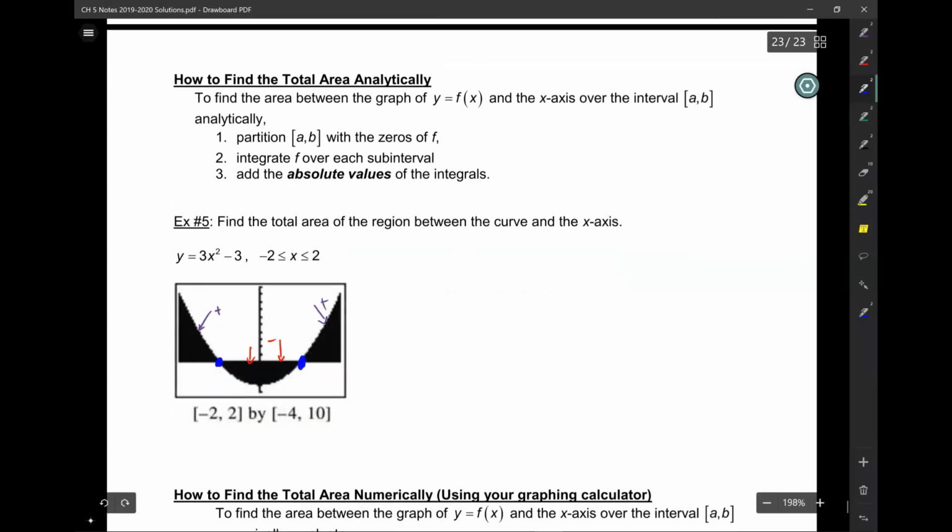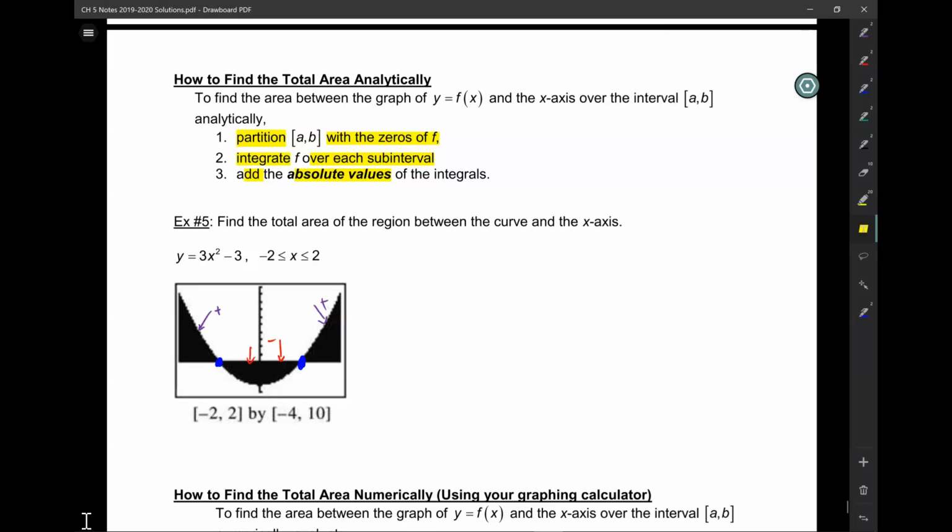So when you look back at the steps here, you have to partition your interval with the zeros of f, just like I've done over here. Then you have to integrate f over each subinterval separately. So 1, 2, 3 integrals. And then you have to add the absolute values of the integrals, because if you want the total area, right?